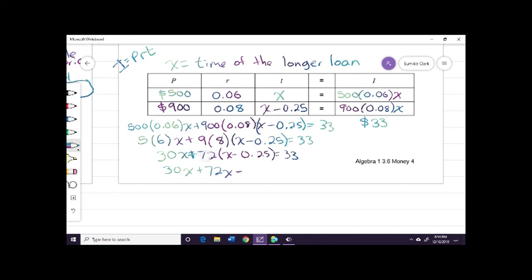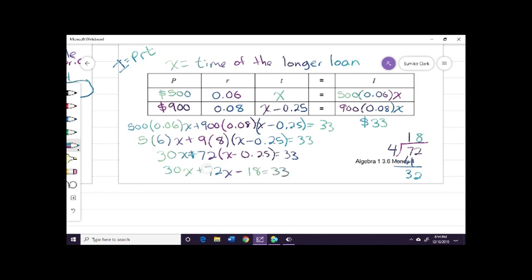Now, 72 times 0.25 is the same as dividing 72 by 4. Rather than multiply times 0.25, I'd rather do 72 divided by 4. So 4 goes into 7 one time. We have 3 left over and a 2. That means 18. So 72 times negative 0.25 is going to be negative 18, and that is equal to 33.